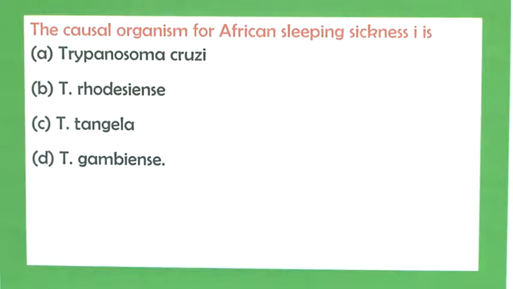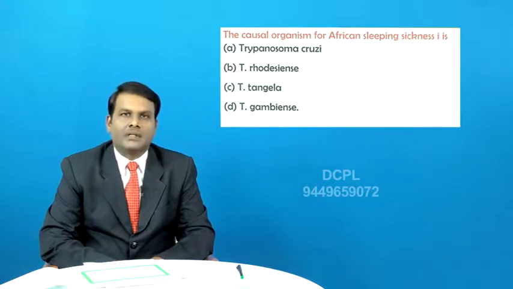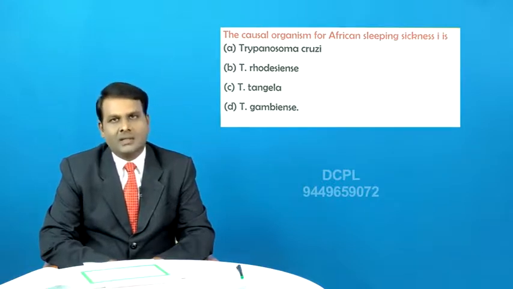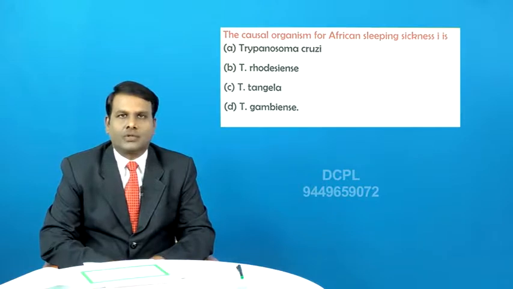The causal organism for African sleeping sickness is option A, Trypanosoma cruzi; option B, Trypanosoma rhodesiense; option C, Trypanosoma tangella; and option D, Trypanosoma gambiense. As you know, one of the classes of protozoans is the flagellated protozoans.